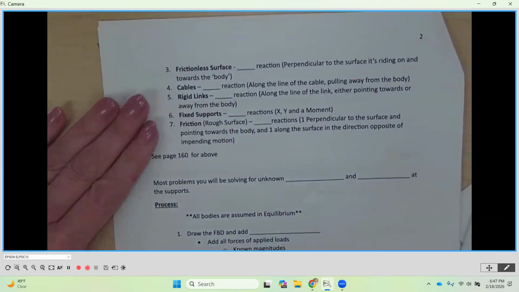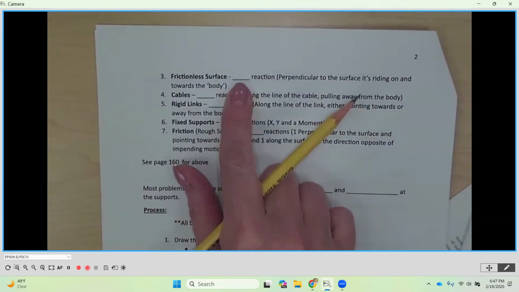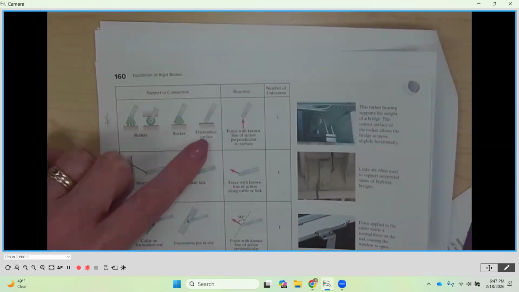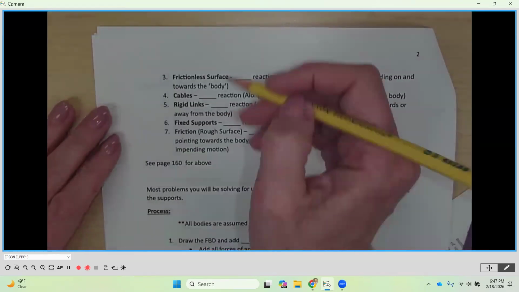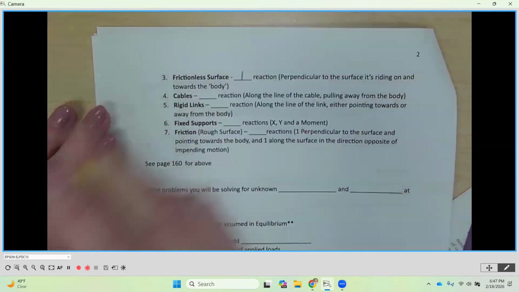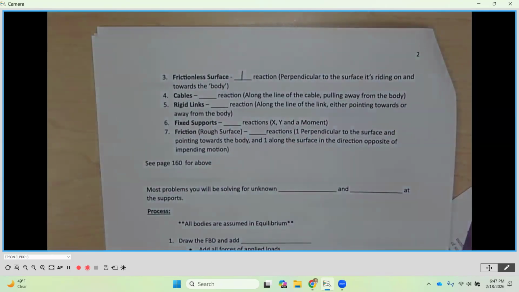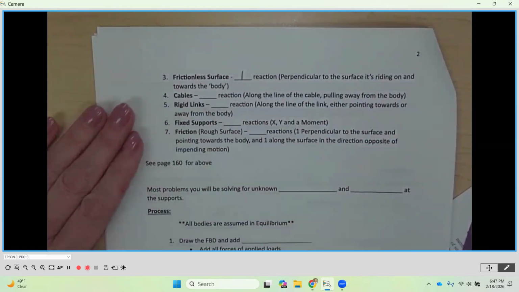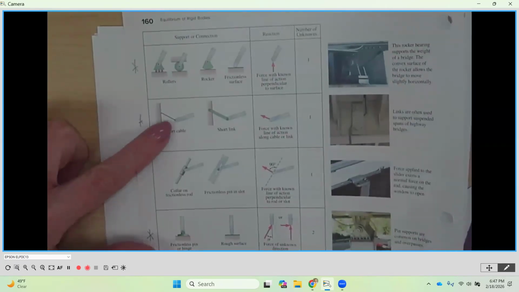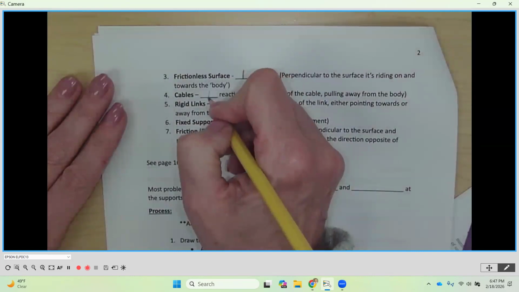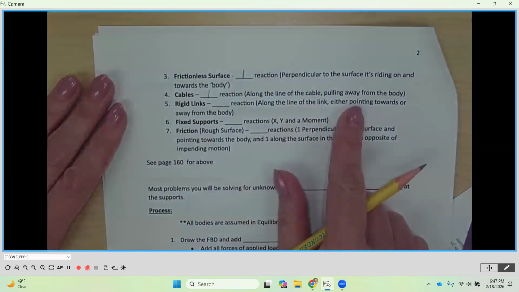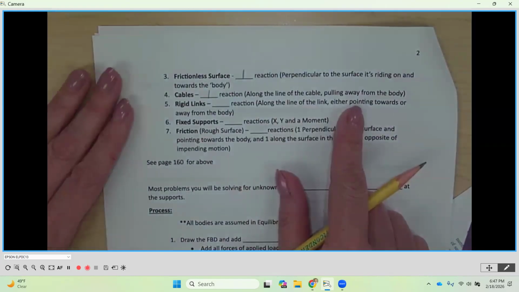As we turn the page, a frictionless surface. This is like a roller. It was in that same group. It's going to be one force perpendicular to the surface that it's riding on. A cable, that was this one here, is one reaction along the line of the cable pulling away from the body, as we had said.